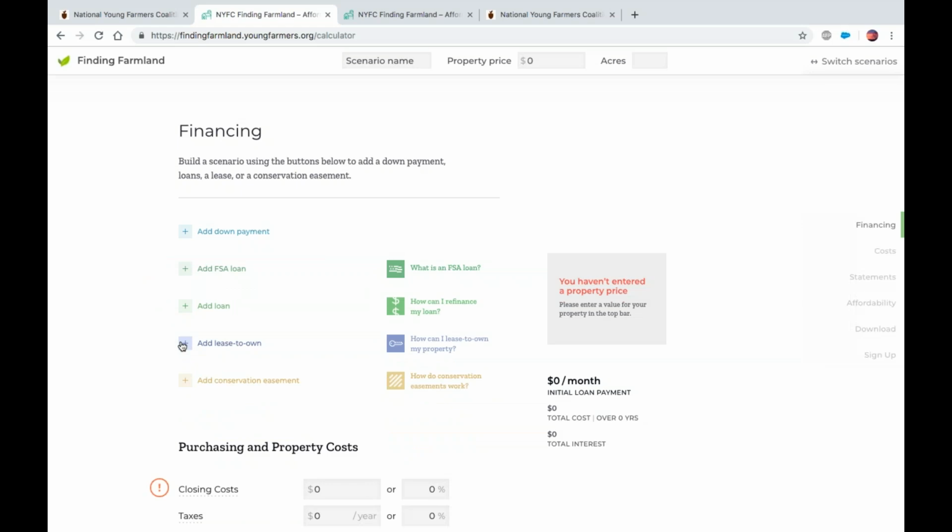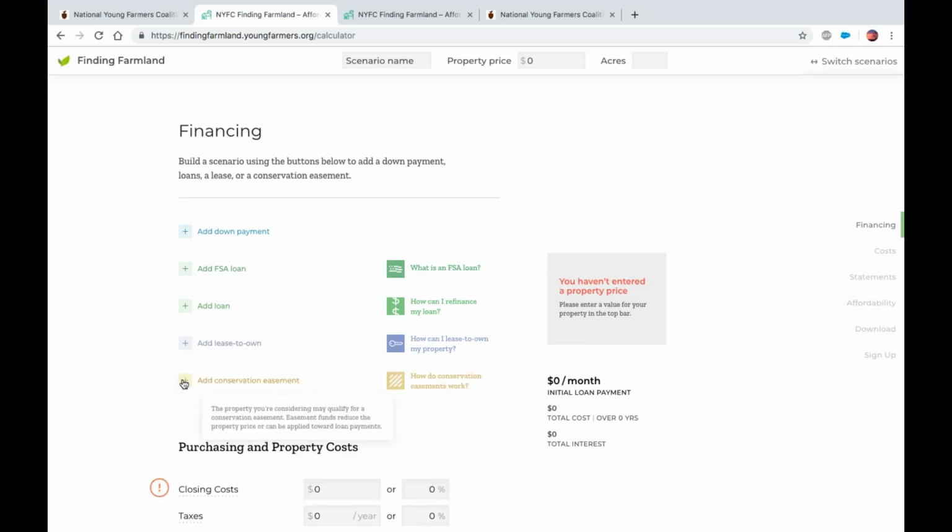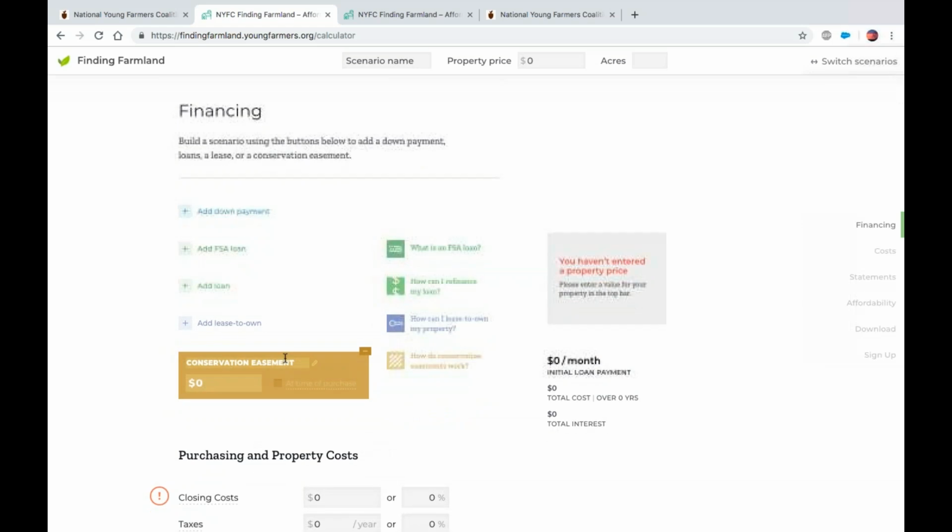We have this lease-to-own feature. So this is if you want to add a lease before the purchase period, if you want to include that in your model. And conservation easements, as Leah mentioned, are a way to make properties more affordable by selling some conservation rights on your land. And we have it so that you could add a conservation easement at the time of purchase. So if you've done your work ahead of time and you're working for several years on purchasing a property, usually if the landowner is involved in that project, you could get a conservation easement at the time of purchase to reduce the property price.